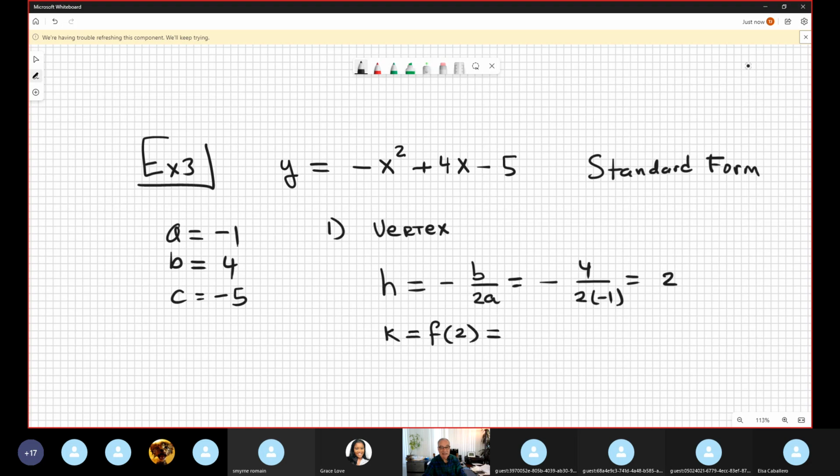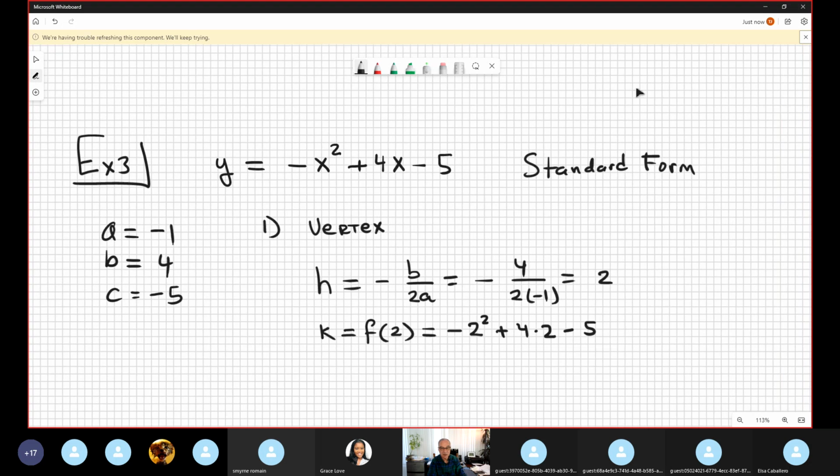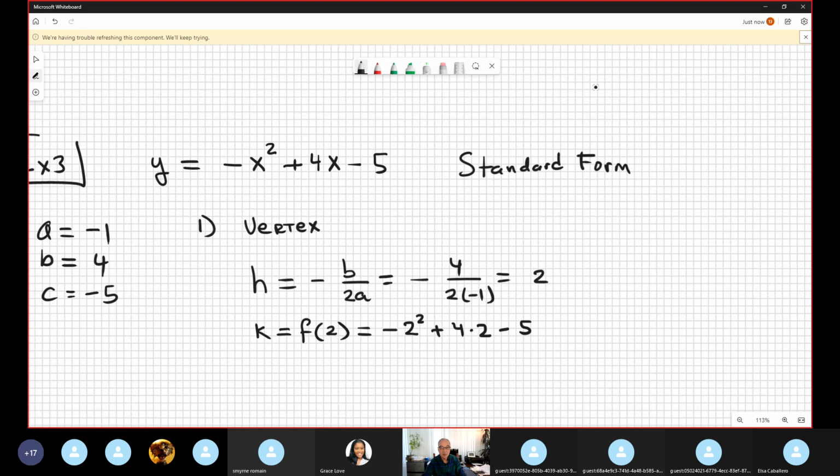In order to find K, you evaluate the function at 2. So you basically replace x: -(2) squared plus 4 times 2 minus 5. Be careful, guys. Be careful with the signs. Because you know very well, I suppose, that negative 2 squared is not equal to (negative 2) squared. When you have parentheses, it's negative 2 times itself, which is 4 positive.